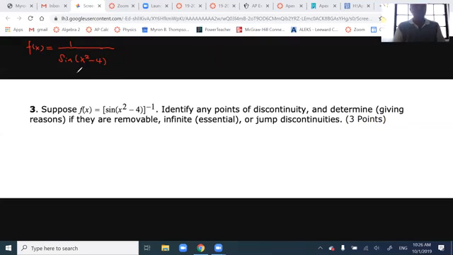Now, sine x generally is continuous, but sine x sometimes equals 0. If this part approaches 0, 1 over 0 will be what? Not defined. That's where the discontinuity happens.